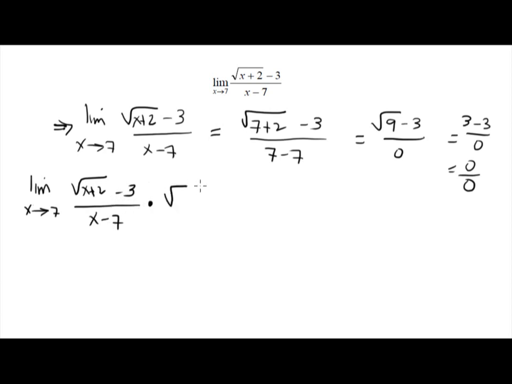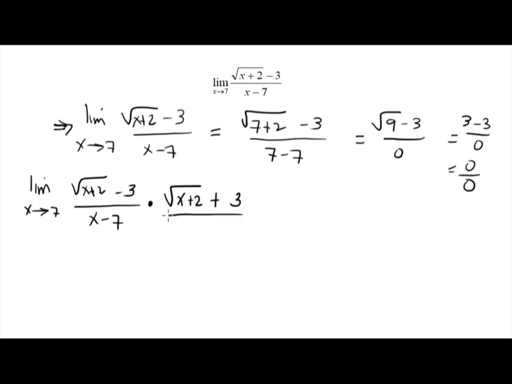So to rationalize it, you copy the expressions, so the square root of x plus 2 and 3. You have to use the conjugate. The conjugate is simply the opposite sign in the middle. So the conjugate of the square root of x plus 2 minus 3 is the square root of x plus 2 plus 3.